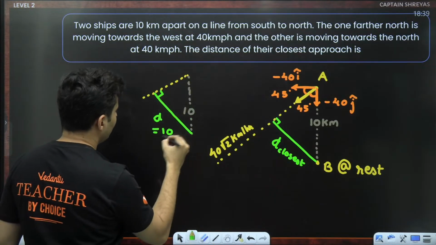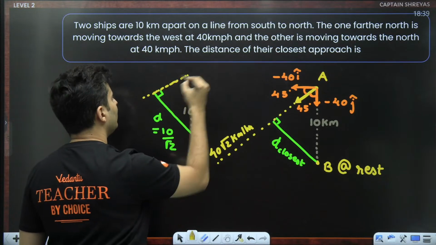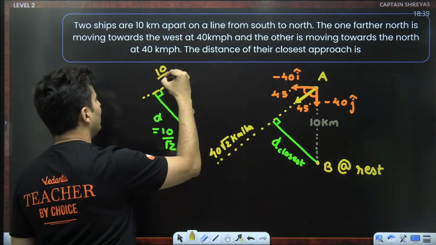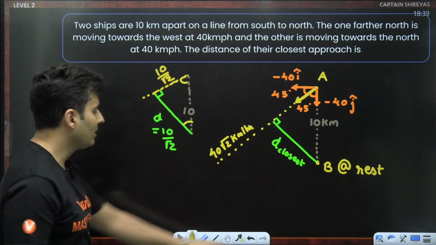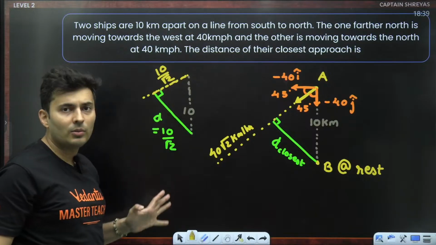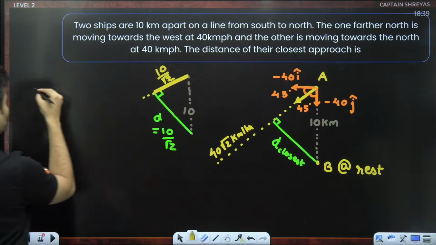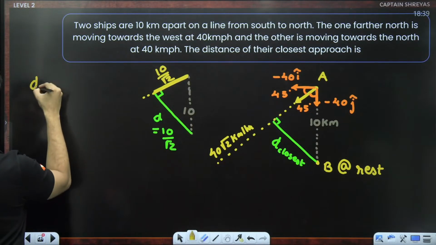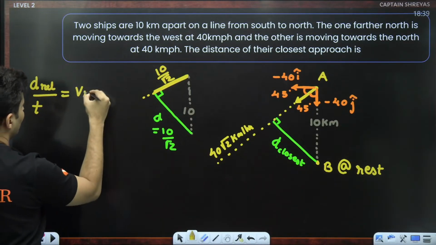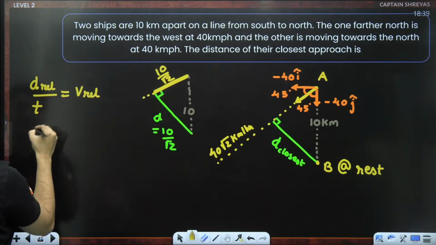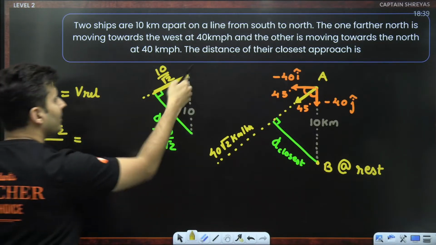If this d is 10 by root 2, how much is this particular distance going to be? That is also going to be 10 by root 2, my dear students, because this angle is 45, this angle is also 45 degrees. Both the angles are 45, so the sides will be equal. Now if you use distance upon time, that is your relative velocity. This distance being 10 by root 2 divided by time will be the relative velocity.